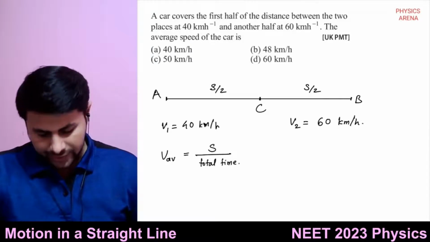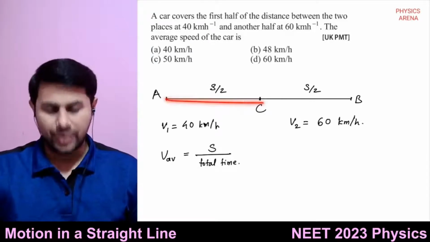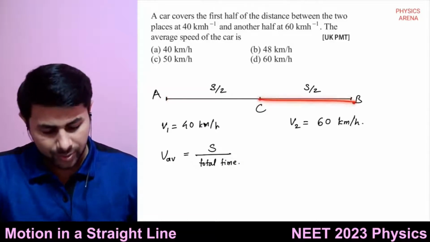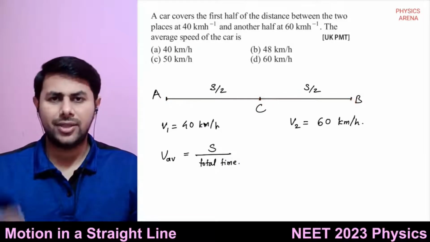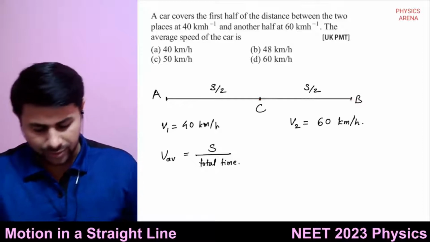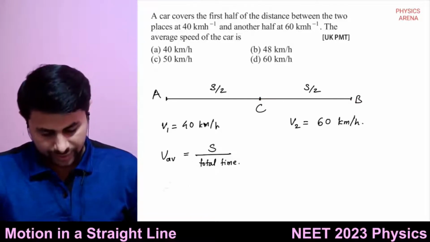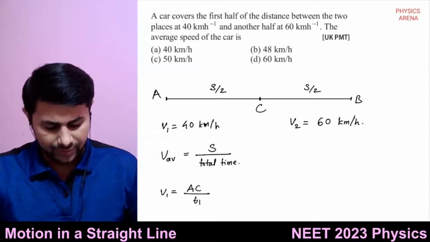So this car takes, let's say, time T1 to move from point A to C and time T2 to move from point C to B. For the first distance, V1 is equal to distance AC divided by T1.